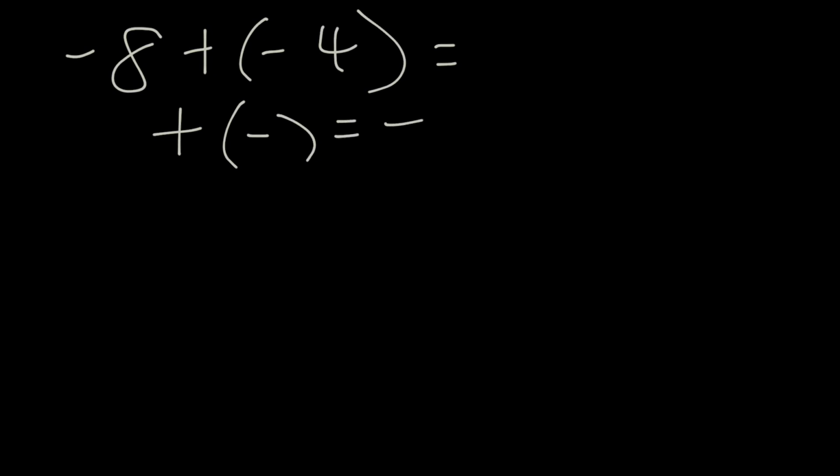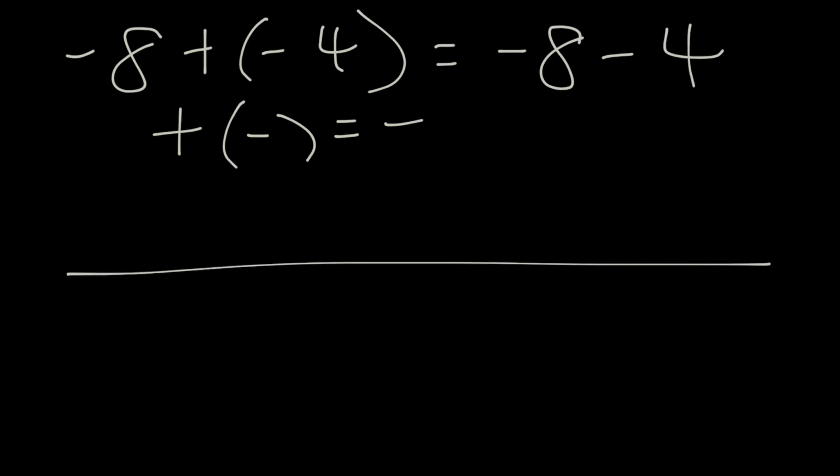Here's another example. Negative 8 plus negative 4 equals. Again, when we have plus and then times by minus, we will end up with minus. So in this case, it will be rewritten as negative 8 minus 4. From the number line, our starting point is negative 8, and since we're subtracting 4, we're heading toward the left side 4 spaces.